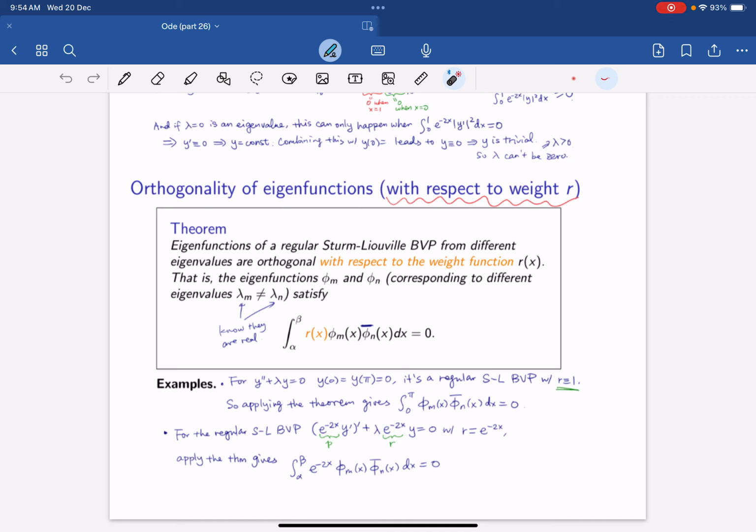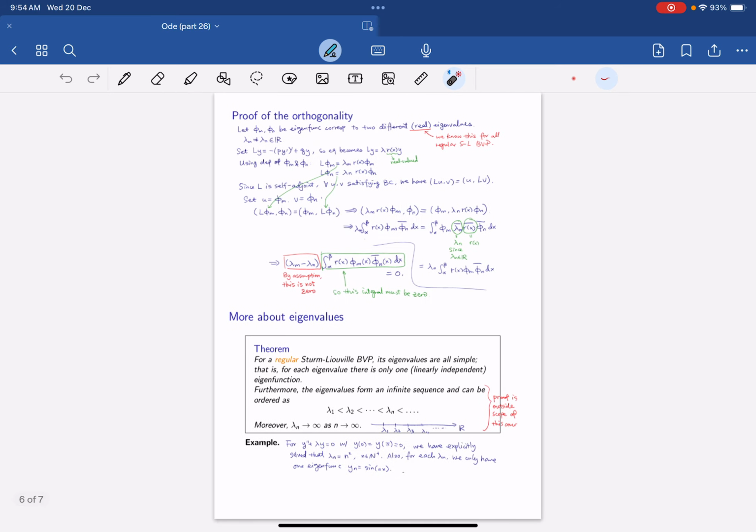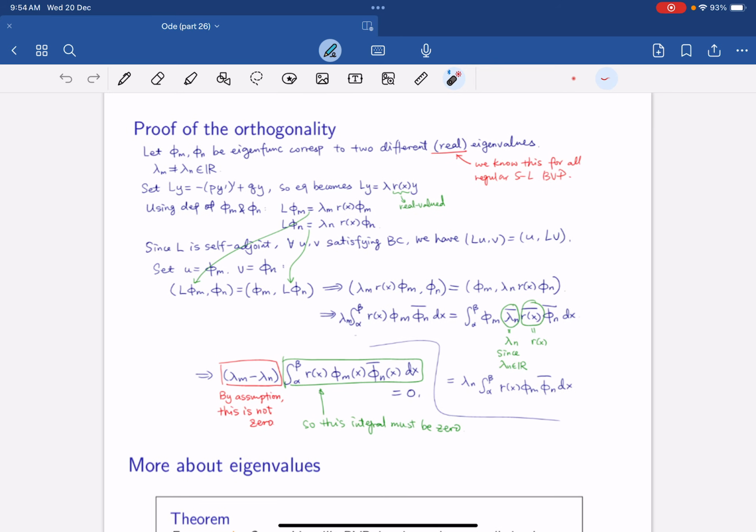Another property is that the eigenfunctions corresponding to different eigenvalues are orthogonal to each other, meaning they satisfy the following equation. The proof of the orthogonality is very similar. You have two eigenfunctions, you take the linear operator and then you take the inner product.